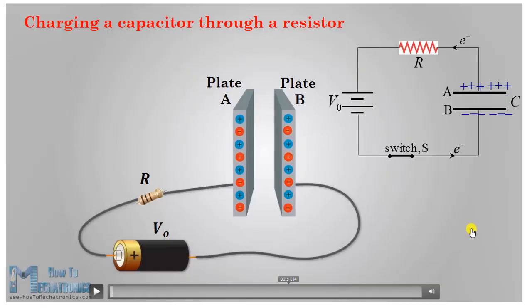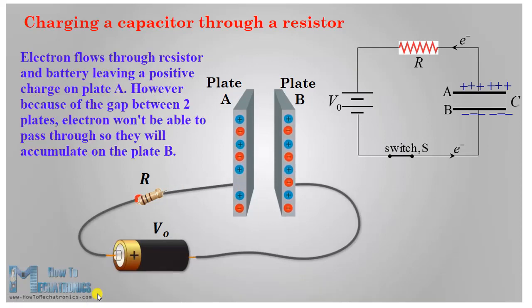Now let us see what actually happens when we are charging a capacitor through a resistor. We have a capacitor connected to a battery of voltage V0 through a resistor R. As we connect the battery to the capacitor, a current will begin to flow.